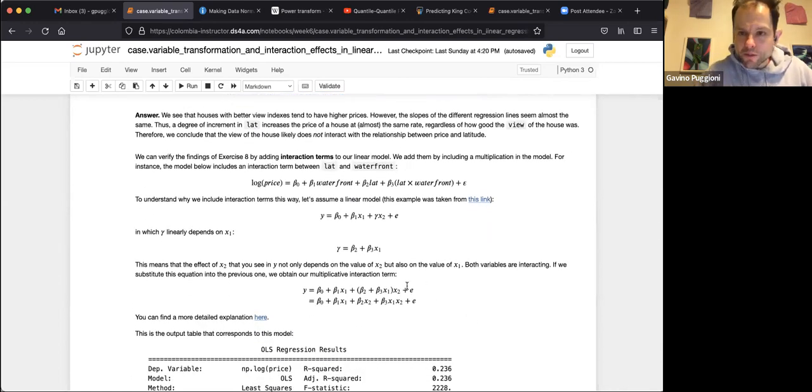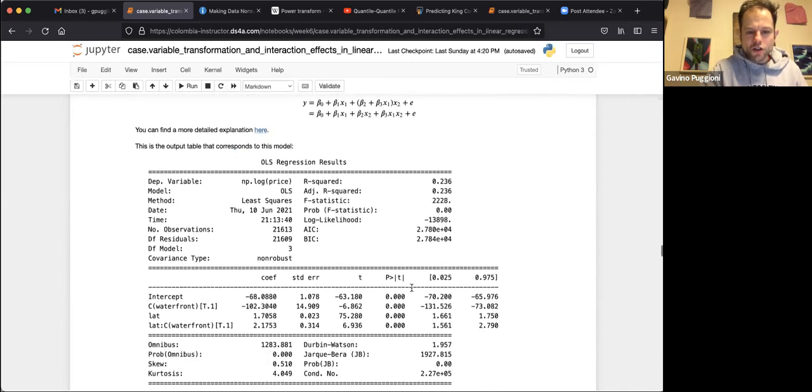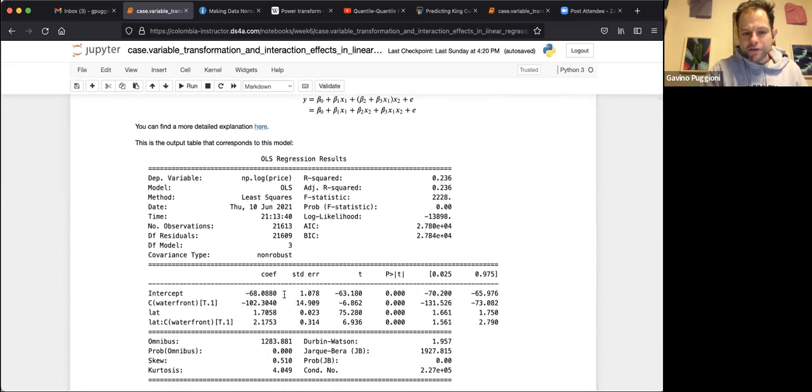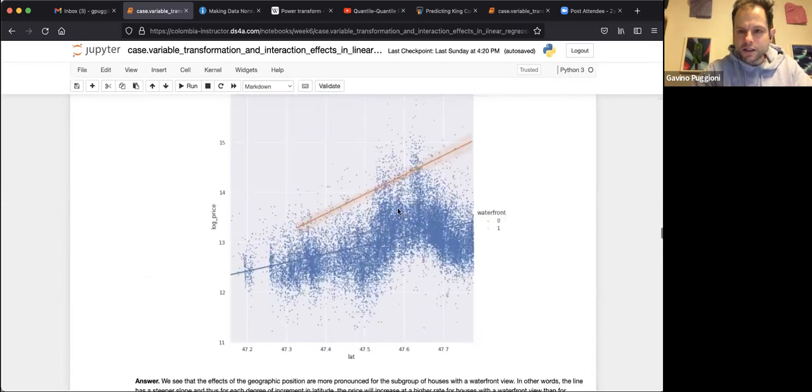Here you have a little bit of math that you can go and look at, but we still have ground to cover. So what we have here is the model that we estimated exactly here, right?